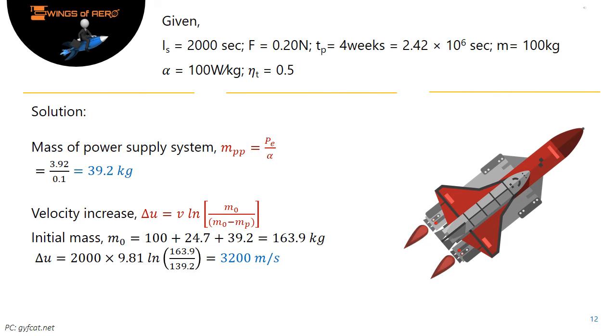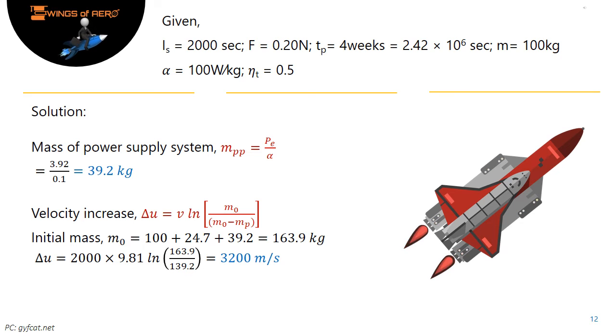Next, find the velocity increase. The velocity increase of the vehicle under ideal vacuum and zero gravity conditions, delta U is equal to V into ln of m naught divided by m naught minus m suffix p, where m naught is the initial mass and m suffix p is the propellant mass.